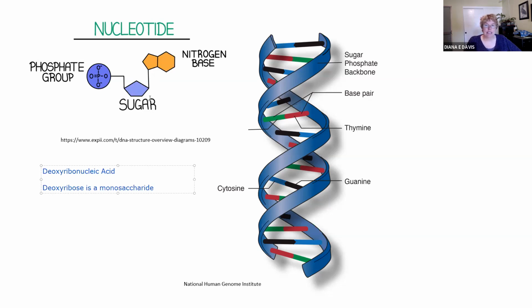The nucleotide also has a nitrogen containing base and a phosphate group. The phosphate group and the sugar make up the sides of the DNA molecule, what we call the backbone. Or if you think of this as a spiral staircase or a twisted ladder, it's the sides of the ladder or the sides of the staircase.